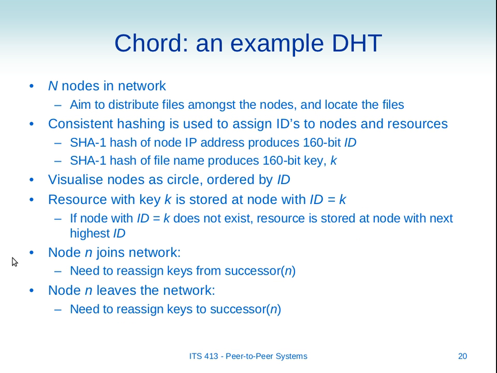Remember, what we're trying to do is find a node which has a particular resource, the searching process. That is, there are a set of nodes, a set of peers. They have different sets of resources.